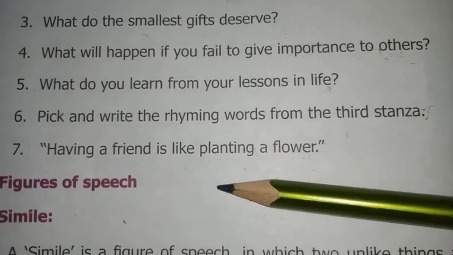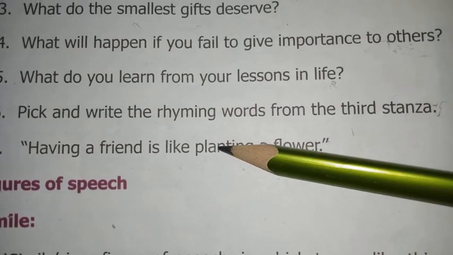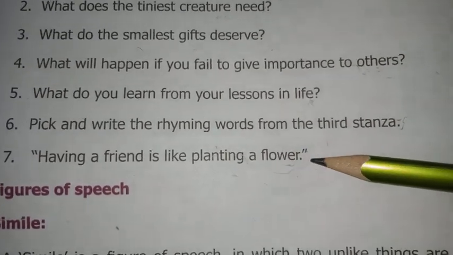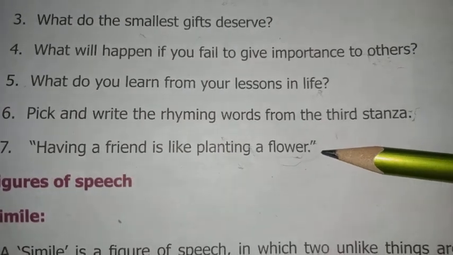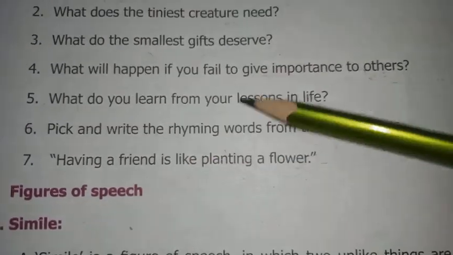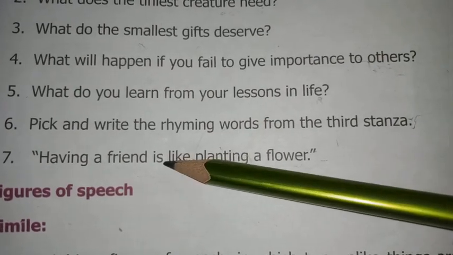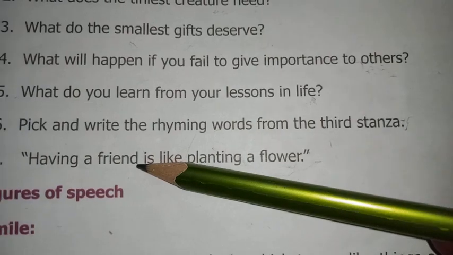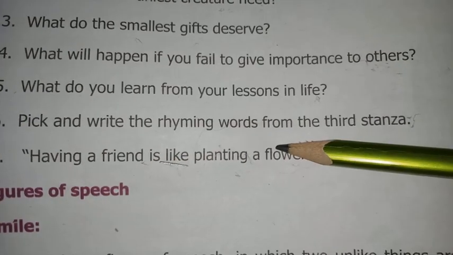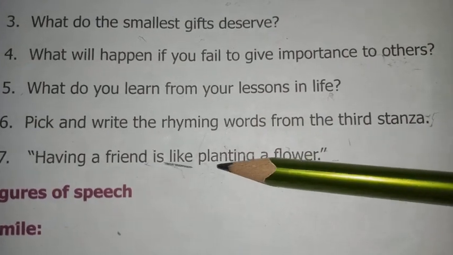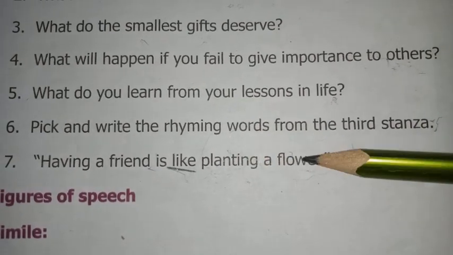The figure of speech used in this line is simile. We studied that as a new term. So, having a friend is like planting a flower. Here, the poet used the word like to compare two unlike things. So the figure of speech used in this line is simile.